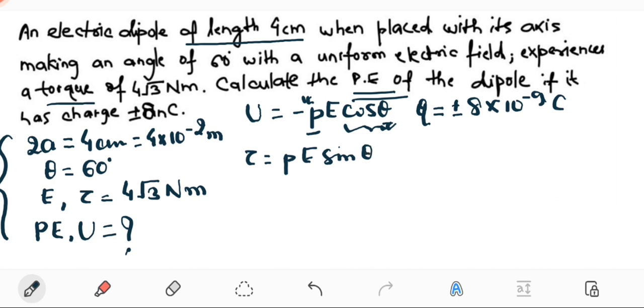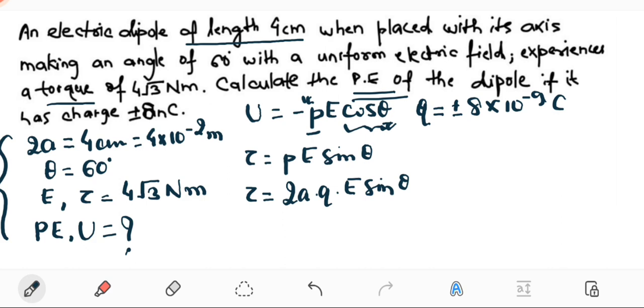The dipole moment P is equal to 2a into q, so torque is equal to 2a into q into E sin theta.